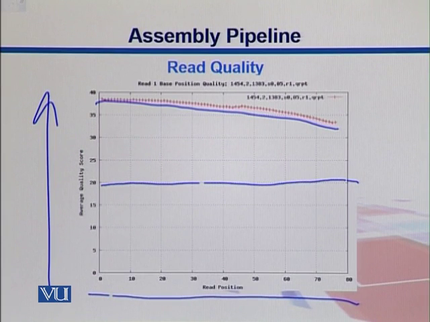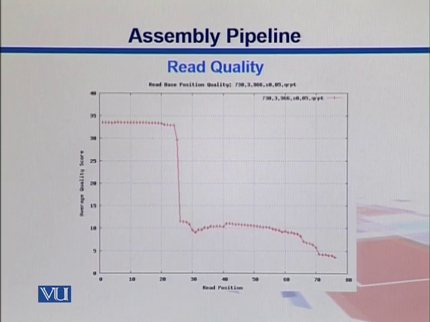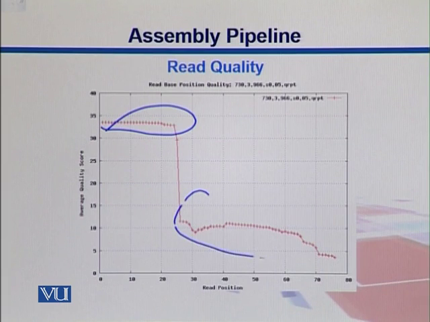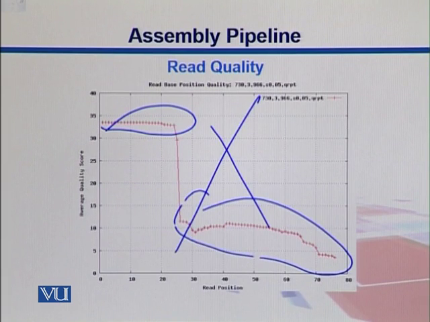This is an example of good quality data compared to this one, where we have bad quality data. In the beginning the qualities are really good, but somewhere in the middle it breaks off and the qualities go really low. Obviously, this is data that has not passed the quality filter.